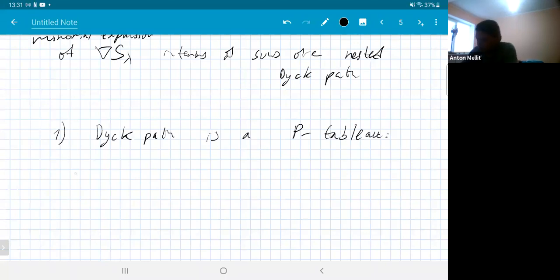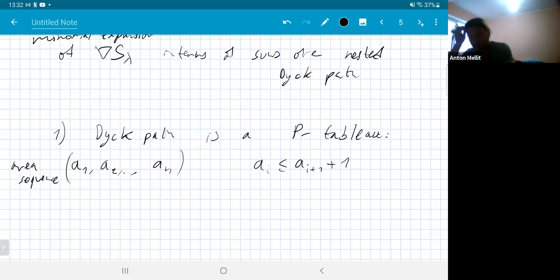Let's write the area sequence of the Dyck path. Then it is a Dyck path if and only if a_{i+1} is less or equal to a_i plus 1.